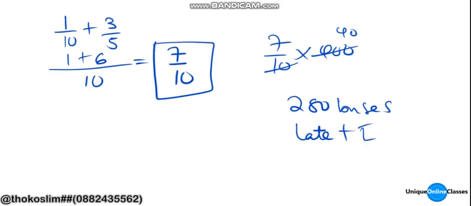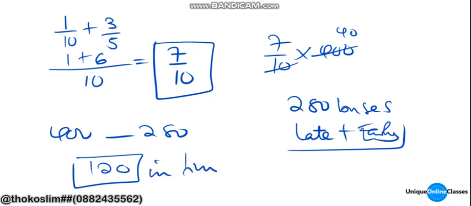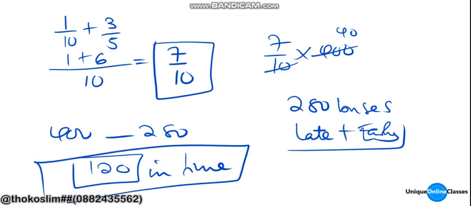So the total is 400. We subtract 280, and the answer is 120. So the remaining ones which will arrive in time are 120. That's another way you can solve it.